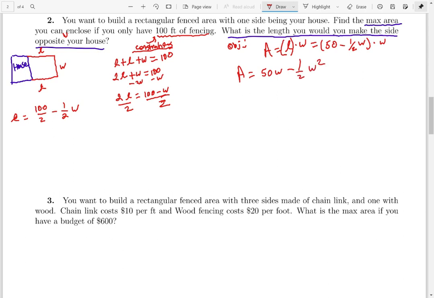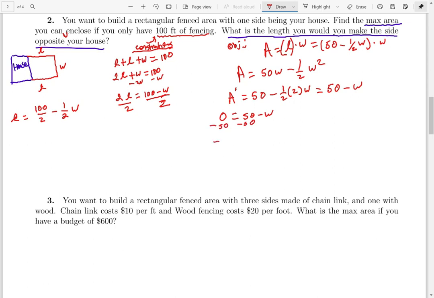Well then, what were we trying to maximize? We're trying to maximize the area, which means I now need to take the derivative. So, what's A prime? Well, A prime is then going to be 50 minus 1/2 times 2 times W. 50 minus W. So then, because we're looking for an extrema, I set this equal to 0. 0 is equal to 50 minus W. Subtract 50, subtract 50.